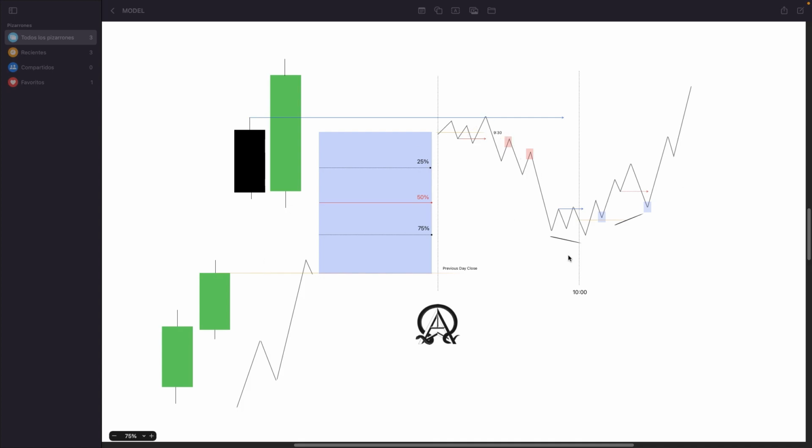If you are bullish, like on this diagram I have here, you want to see price drop into the discount of this gap. Ideally, we want to see at least 50% of this gap being rebalanced, and then price should expand.